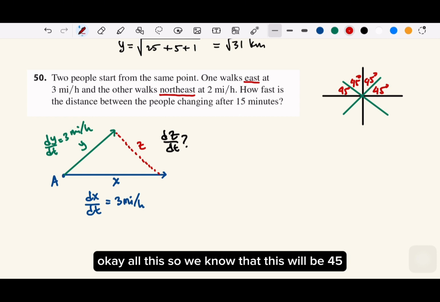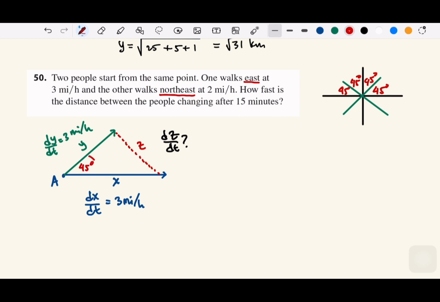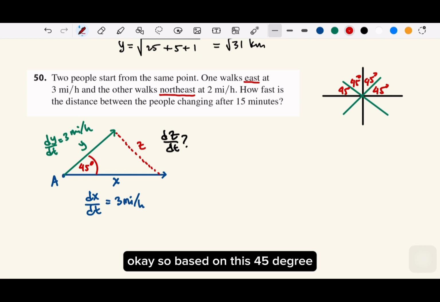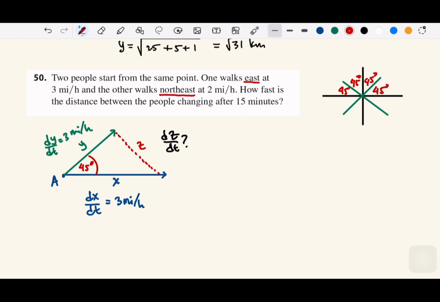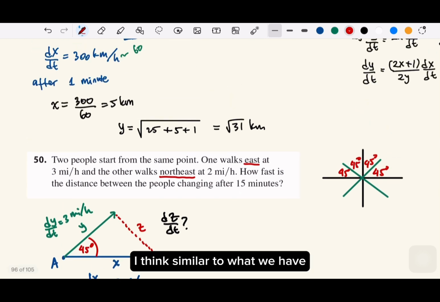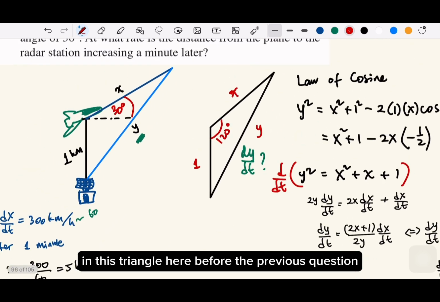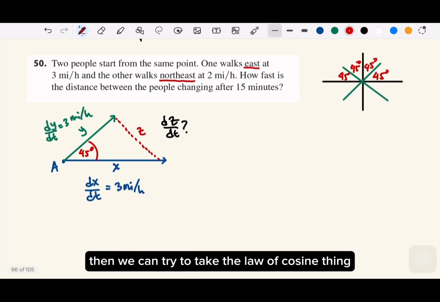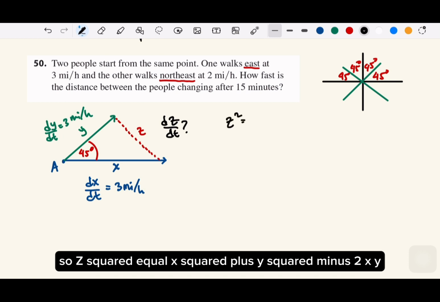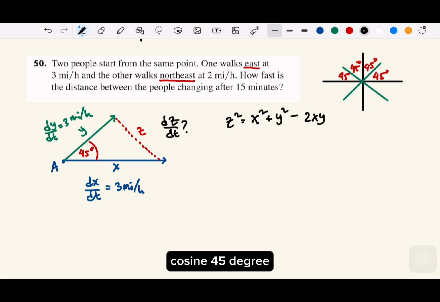So we know that this will be 45. Based on this 45 degrees, similar to the triangle in the previous question, we can try the law of cosines. So z squared equals x squared plus y squared minus 2xy cosine 45 degrees.